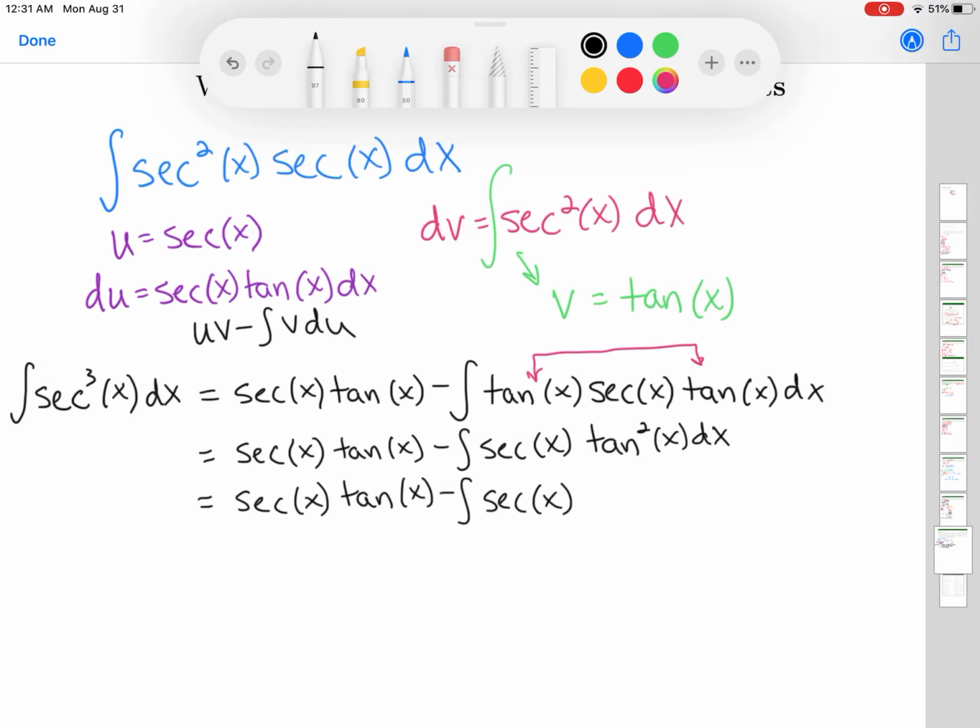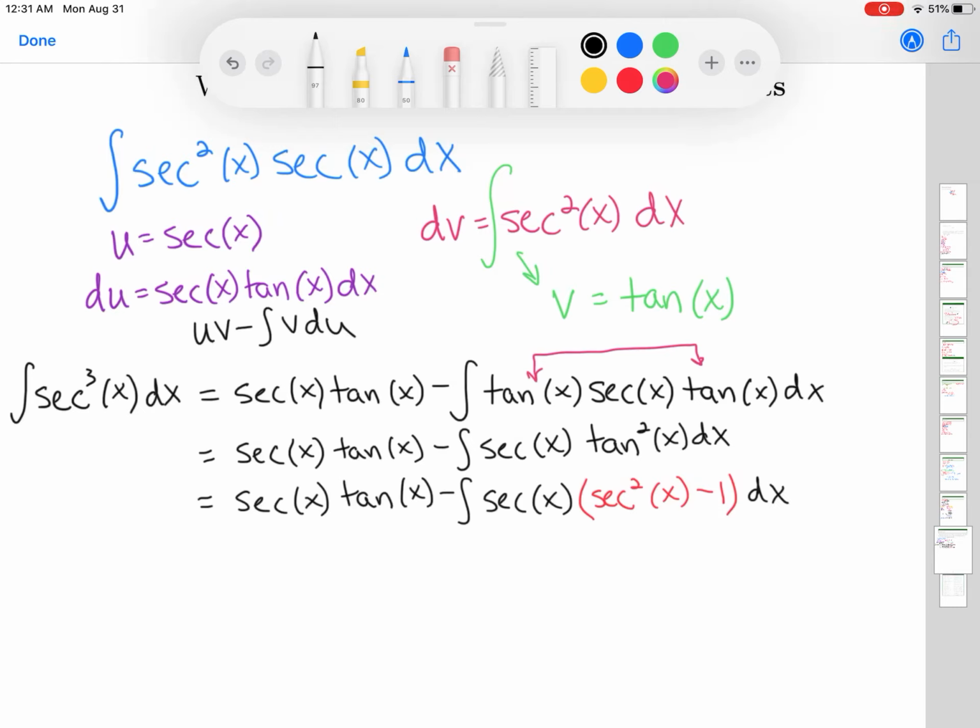And then now I'm going to rewrite my identity. I'm going to write it in red so you guys can see which part I'm actually substituting. So tangent squared x is going to be replaced with secant squared x minus 1. And then we have our dx.